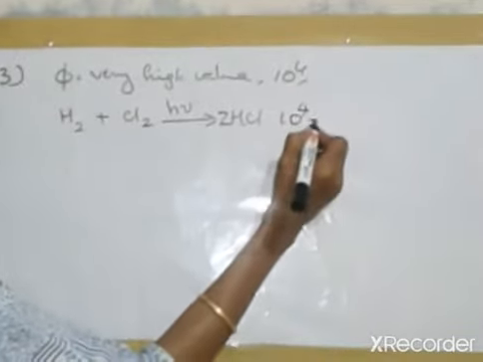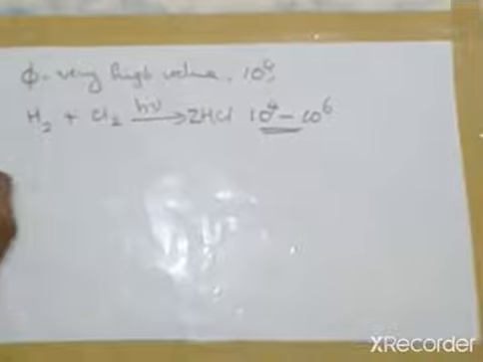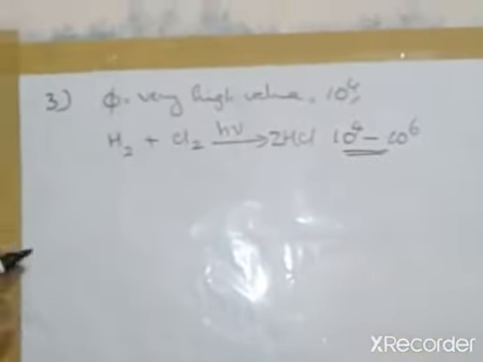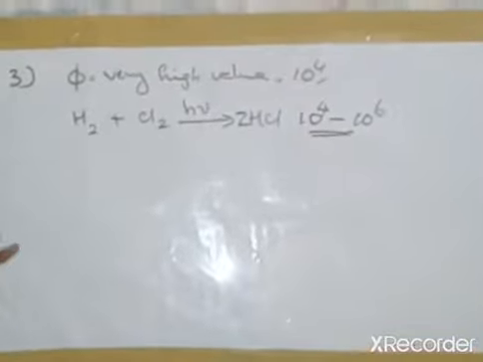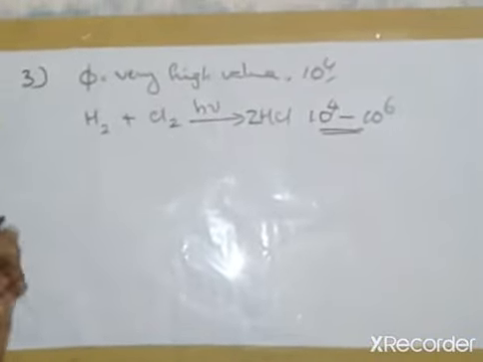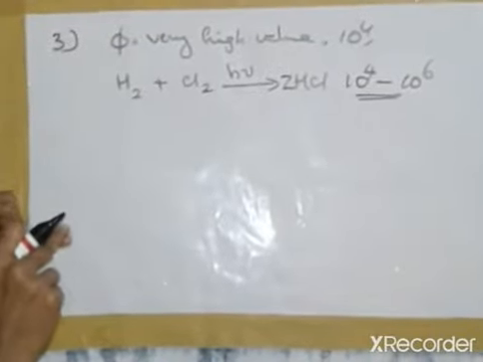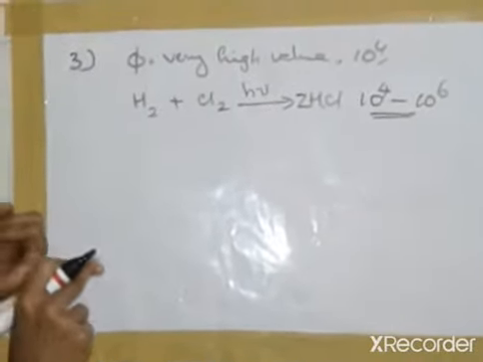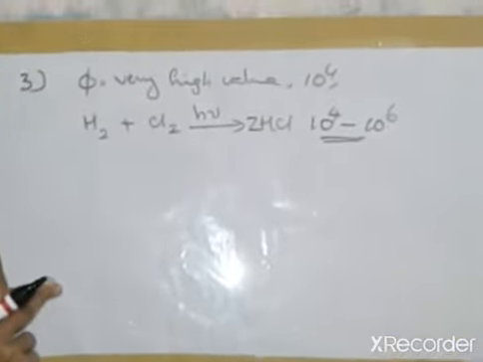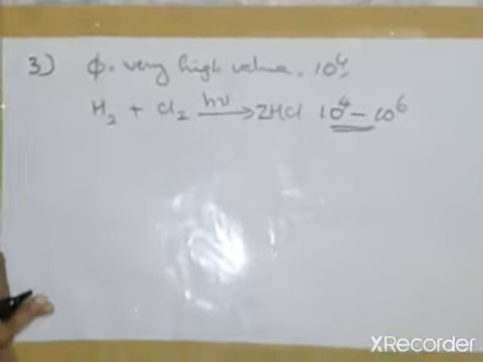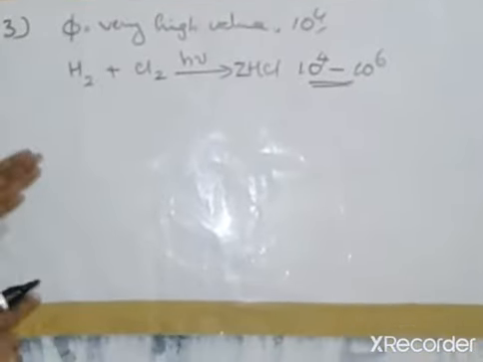So there are three types of reactions based on the value of phi: small integers like 1, 2, 3; phi less than 1; and very high values, about 10 raised to 4, 10 raised to 6, etc.